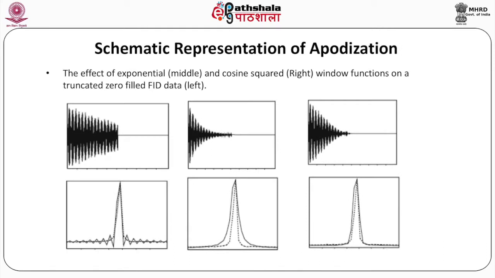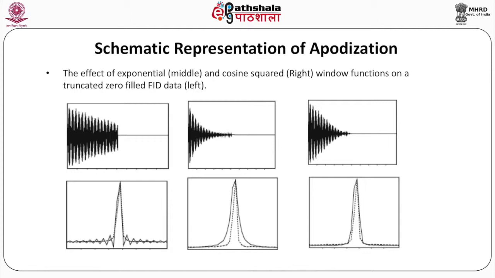There is a schematic representation to demonstrate apodization. On the left, you see a signal which has been truncated and then zero padded. When you Fourier transform such a signal, the spectrum is shown below. The peak has wiggles which are called the sinc function artifacts.